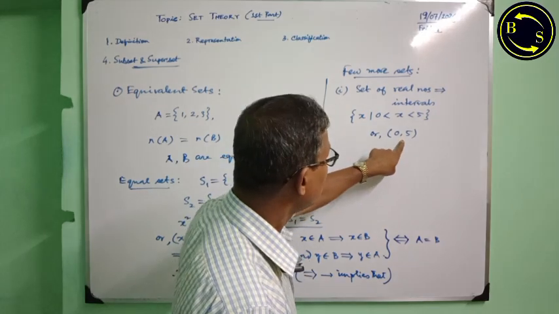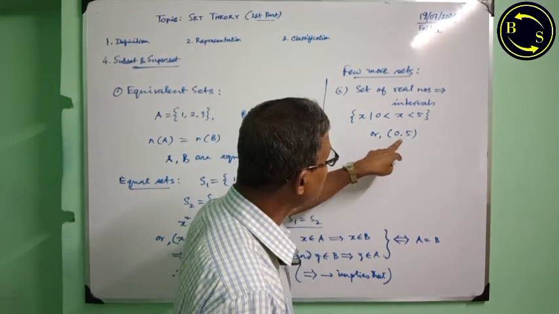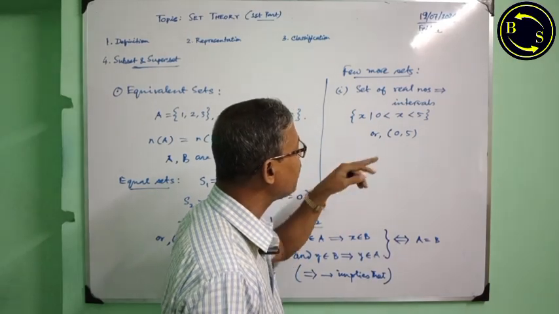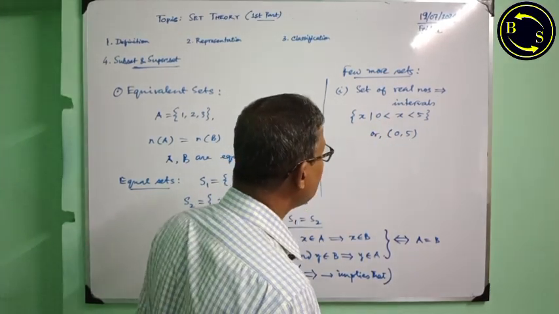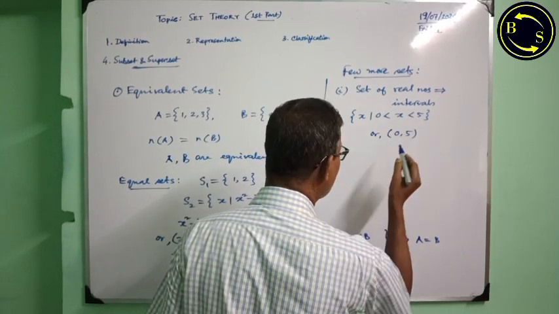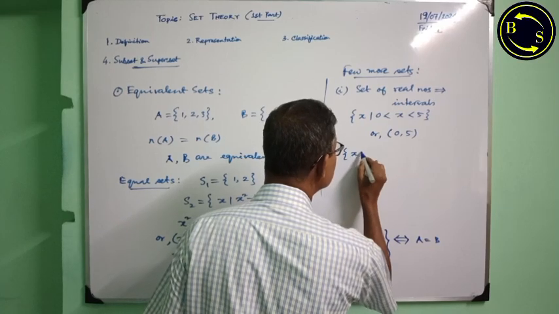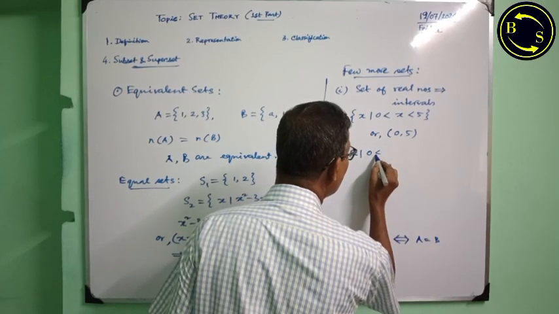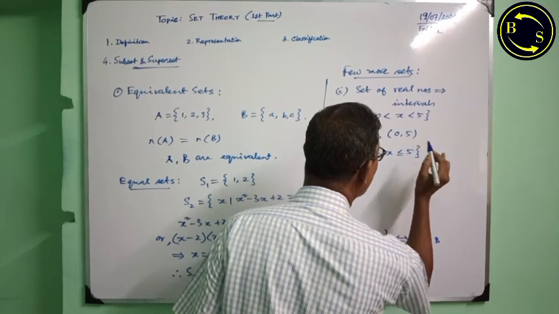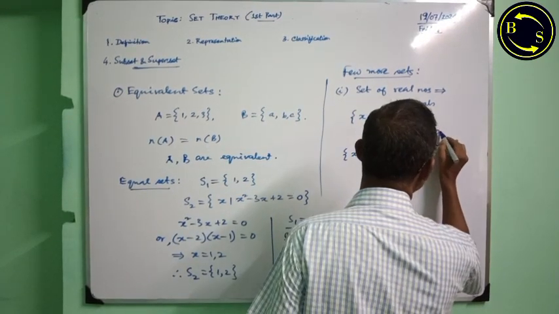The meaning is that the value of the variable will lie in between 0 and 5, but the variable cannot take the value 0 and 5. If x can take the value 0 as well as 5, we express that in other words. We call it an open interval.